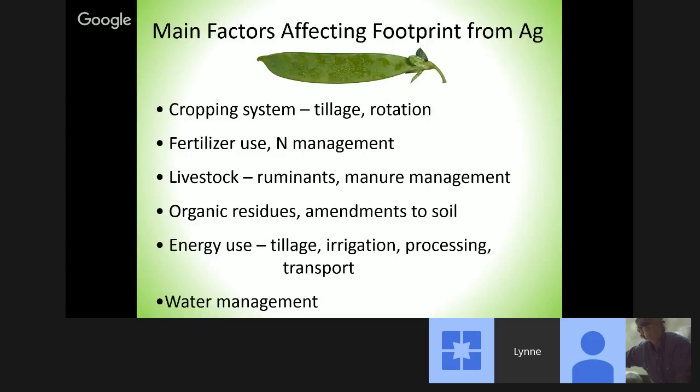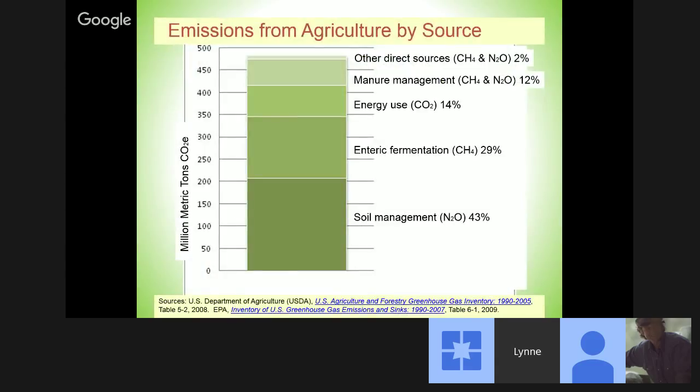All these things can be significant factors in determining the carbon footprint from agriculture. And again, there are some good summaries of what's currently known.